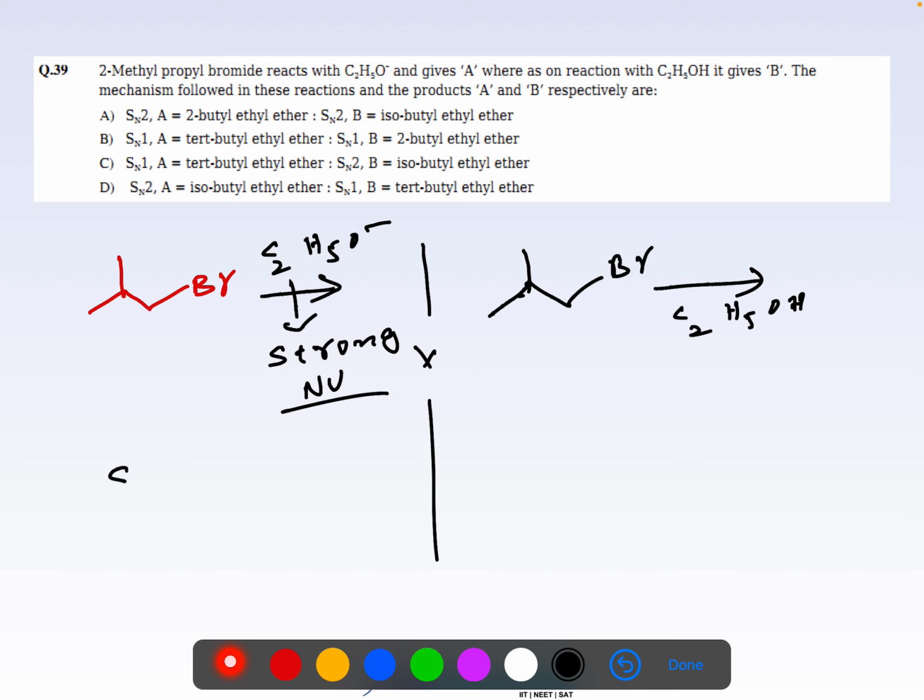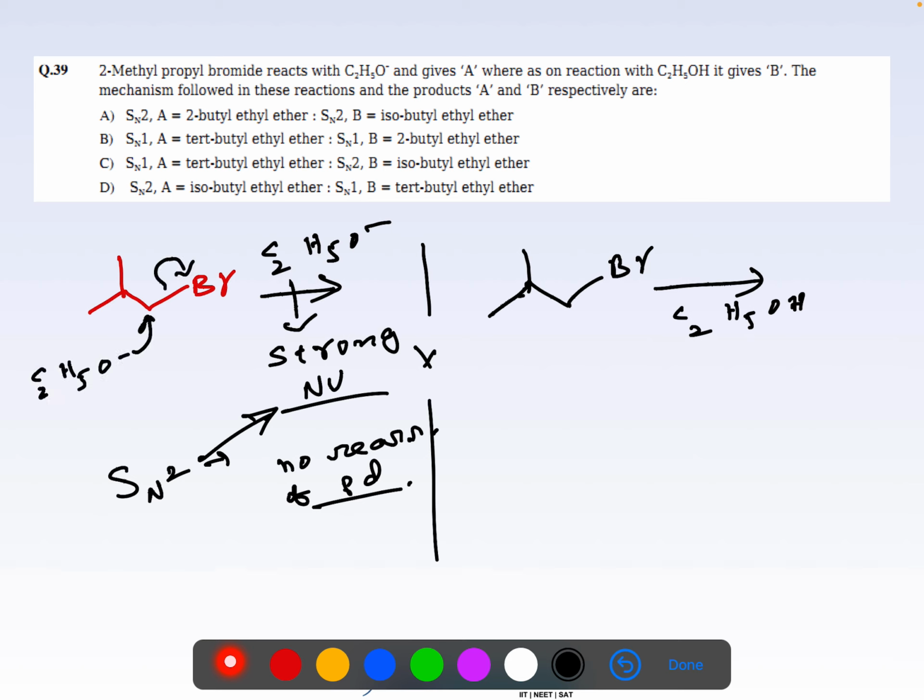And SN2 reactions are characterized by strong nucleophiles. So this reaction is an SN2 reaction. Again, in SN2 reactions there will be no rearrangement of the product observed. So C2H5O minus will attack this carbon, this will undergo substitution, so the final product will be OC2H5. So this is SN2 and the product is isobutyl ethyl ether.